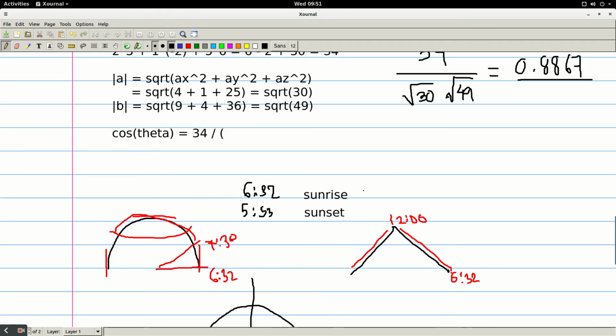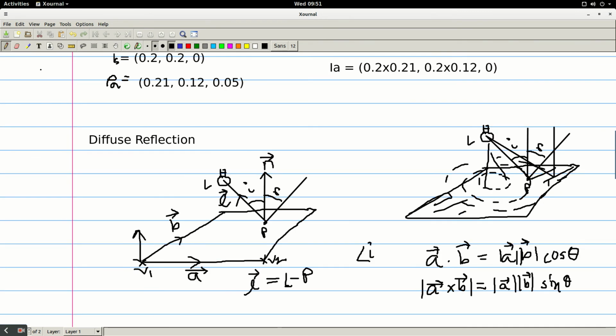Okay, do we find the same thing in nature, that when you have 0 degree angle, this is where you have the most amount of light, and when you have no light, that's when it's going to be 90 degrees on both sides.